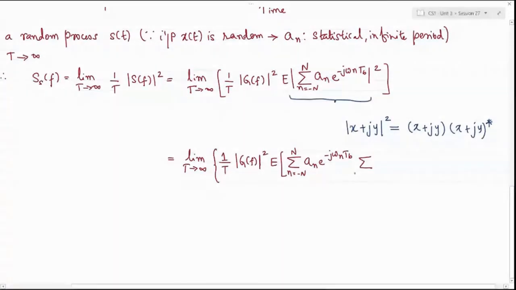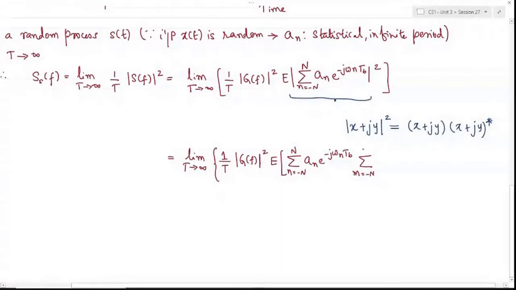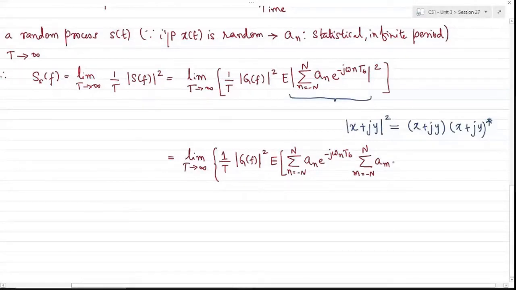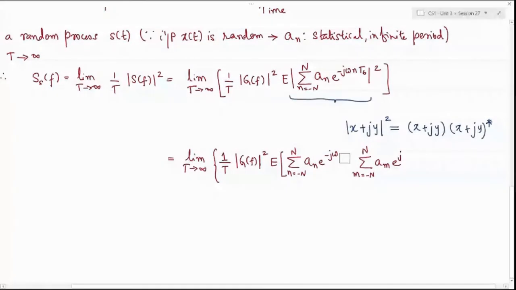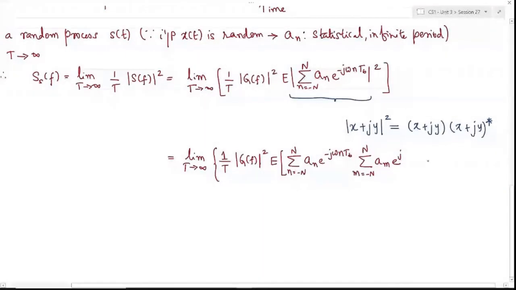So I will take another factor, another summation, as a_m. The complex conjugate of e to the power minus j theta is simply e to the power plus j omega m times T_b.